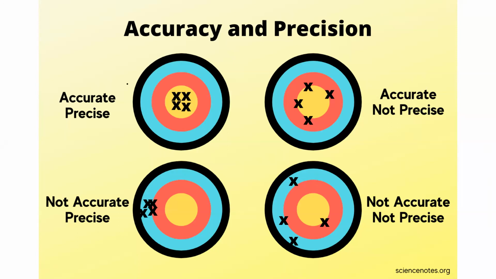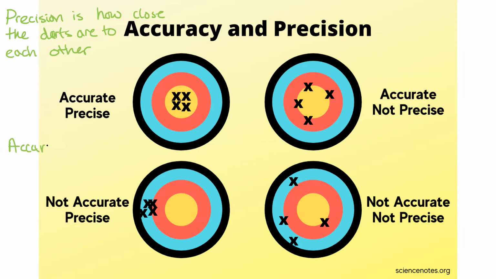The idea is precision is how close the darts are to each other, and accuracy would be how close a dart is to the center of the bullseye.